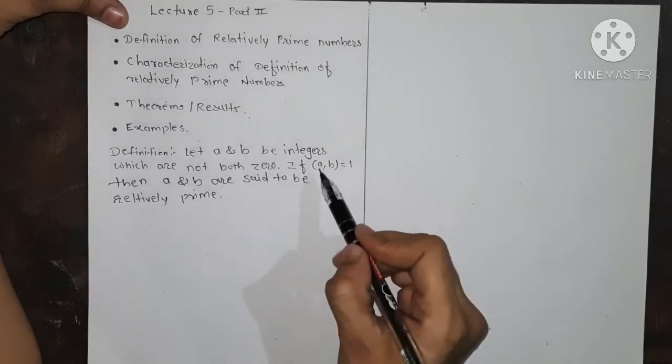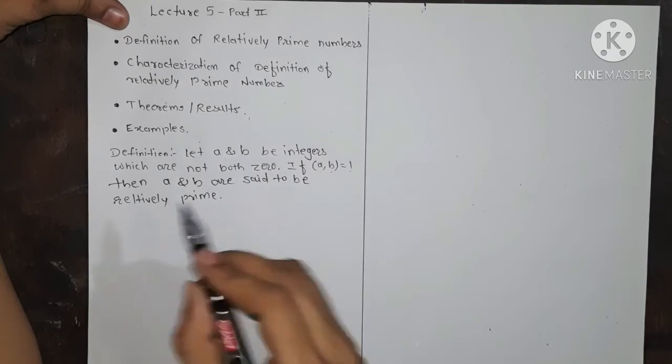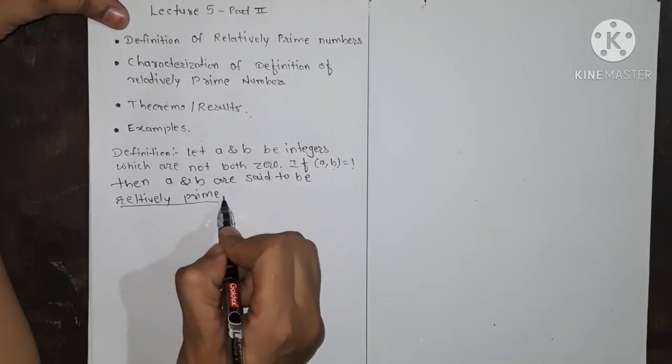That is, if the GCD of any two numbers a comma b equals 1, then we call the pair a and b relatively prime numbers.